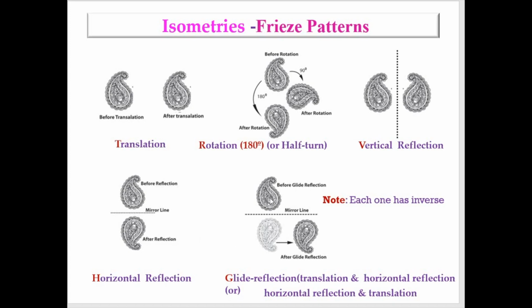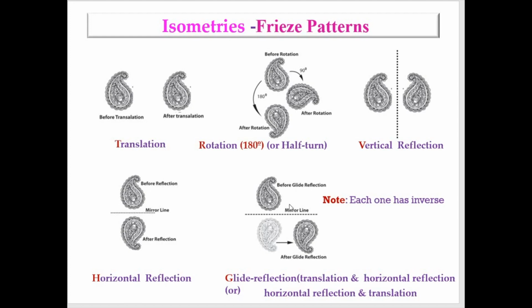And here we have glide reflection: horizontal reflection, and then translation. This is translated. Here you don't have vertical reflection, it's just translated. So horizontal reflection and translation. It could be even first translation and then horizontal reflection.